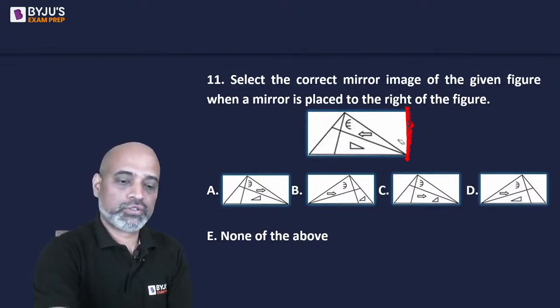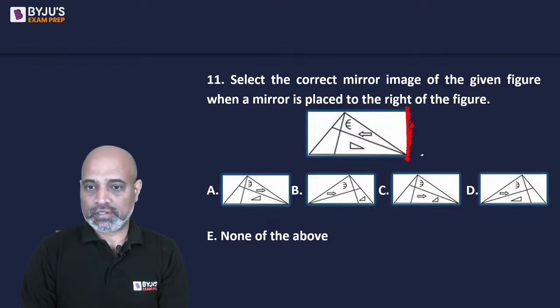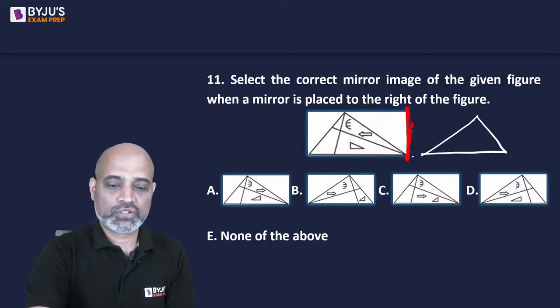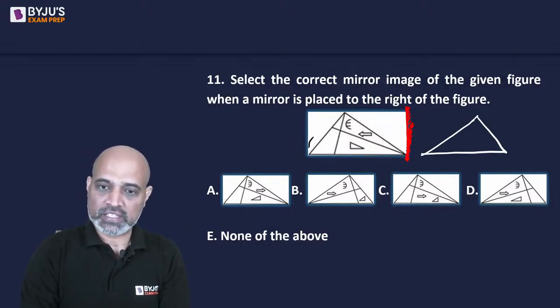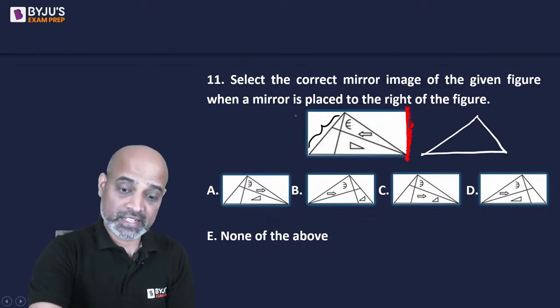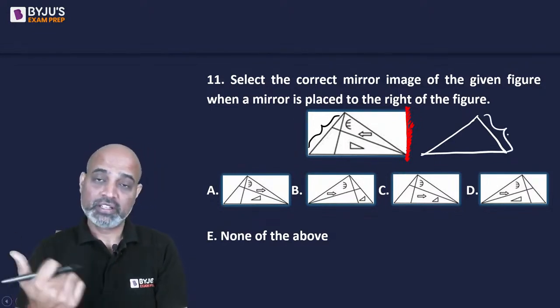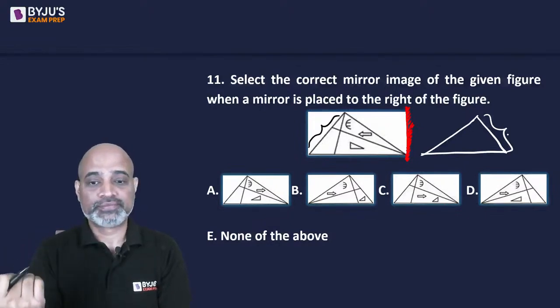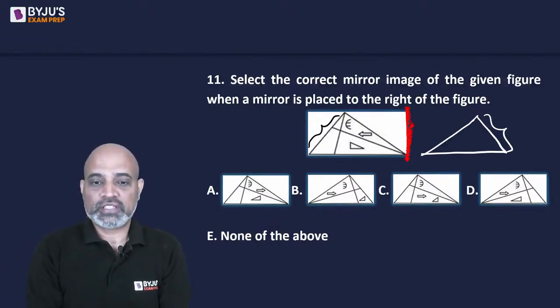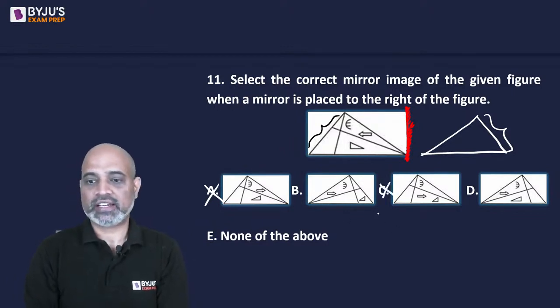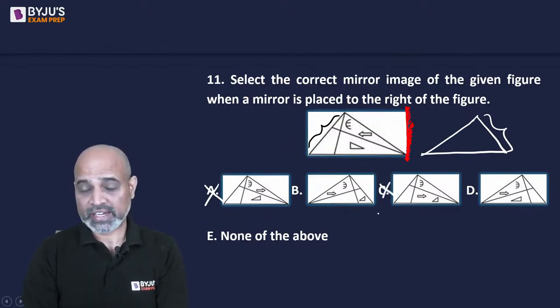So इसका mirror बनाना होगा तो कुछ ऐसा बनेगा shape. Okay, so what I'm saying is if this one is the smallest side, then the mirror image smallest side should be facing away from the mirror. So वो उस तरफ होना चाहिए. Now from the given options, A is not that triangle, C is not the triangle. It's either B or D, right?